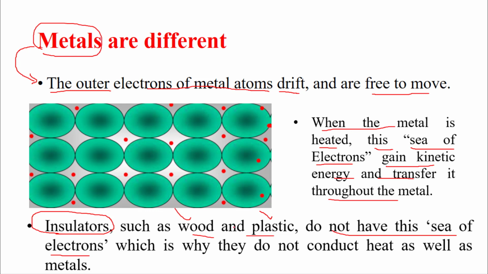It is conduction, but conduction happens due to vibration and the sea of electrons. In insulators, we have only vibration. Which is why plastics and wood do not conduct heat as well as metals. At the end, we classify them as insulators.